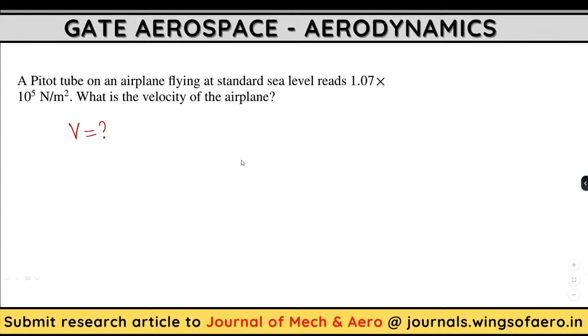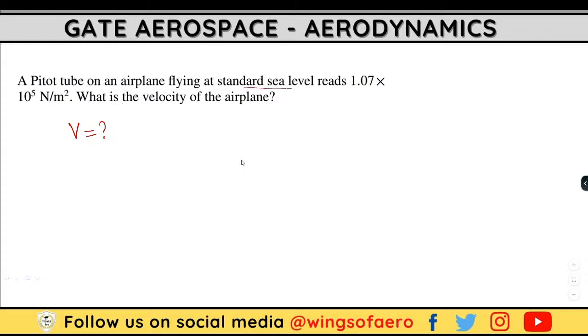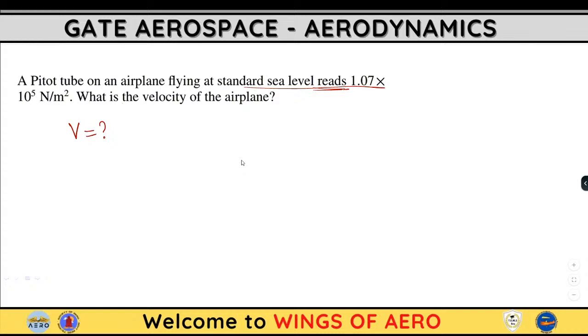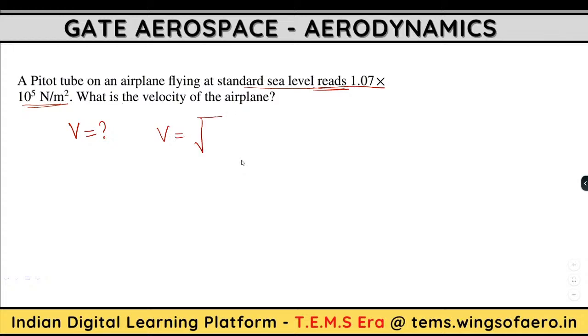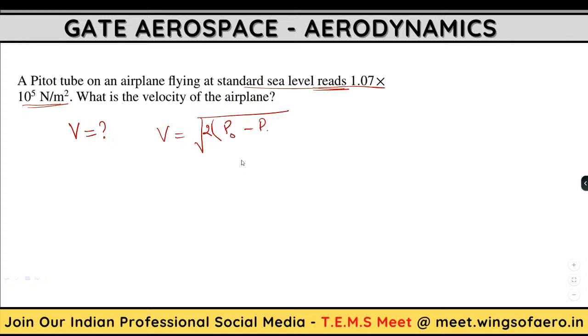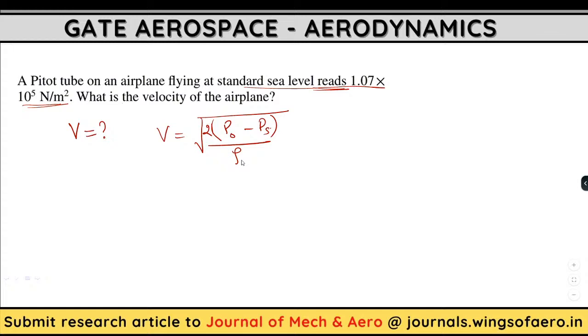What they have given is a standard sea level reading, 1.07. What is the formula? They've given the P naught value, ma'am. Yes, P naught minus P static by rho. This is the formula.